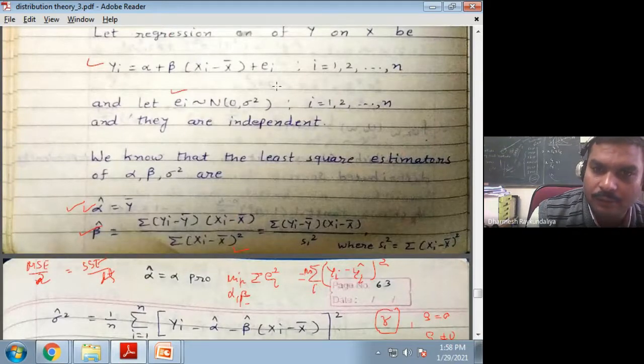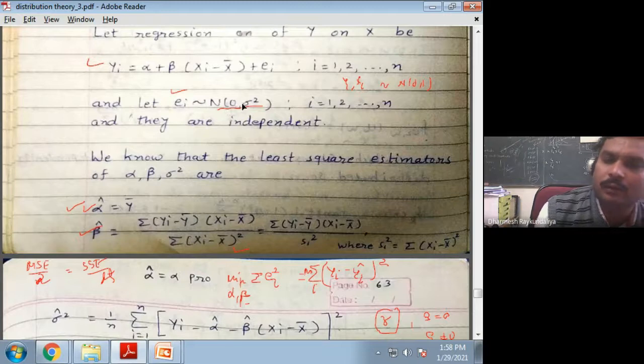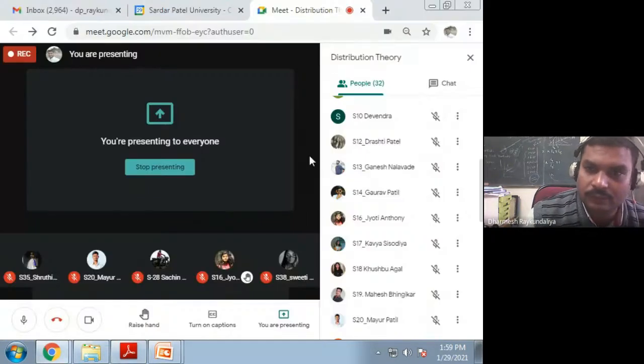Earlier, when we obtained the distribution of the correlation coefficient, we assumed that y and x are jointly bivariate normal, or under rho equal to 0, independently normal 0, 1. Here we are assuming that epsilon is normal 0 sigma square. So whatever the distribution of u1 and u2 we obtain, it is also normal with mean 0 and variance sigma square.